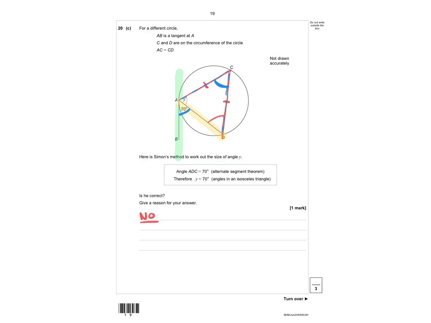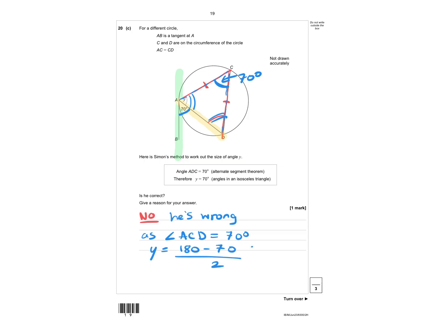So no, he's wrong, as angle ACD equals 70 degrees. And that means that angle Y and this angle, well, they're the base angles of an isosceles triangle. So if this angle is 70 degrees, Y is equal to 180 minus 70 divided by 2, and that comes to 55 degrees.